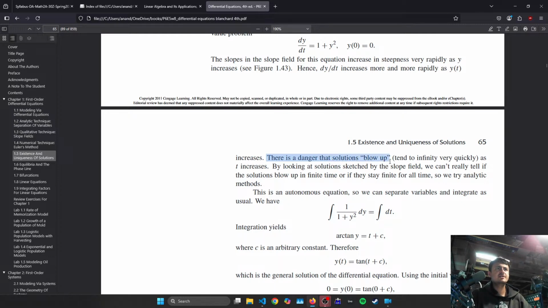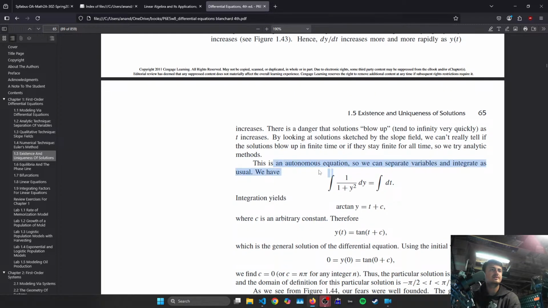There's a danger that solutions blow up, tend to infinity very quickly as t increases. By looking at solutions sketched by the slope field, we can't really tell if the solutions blow up in finite time or if they stay finite for all time, so we try analytic methods.